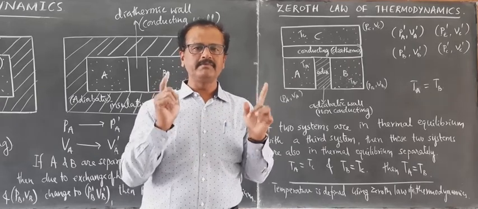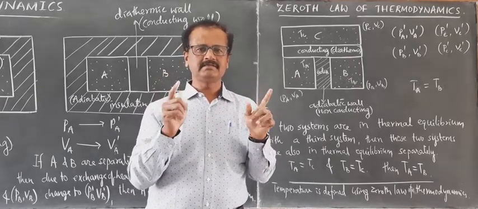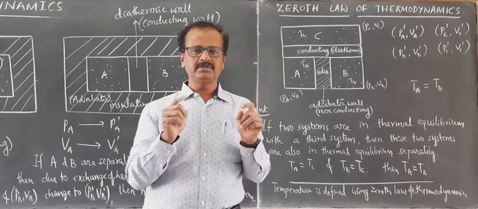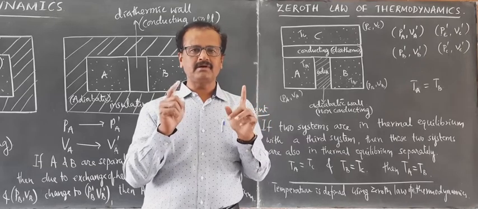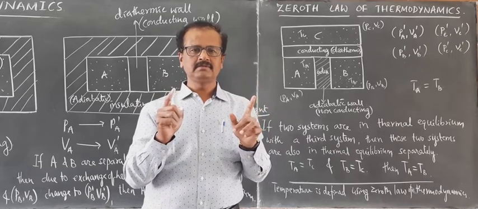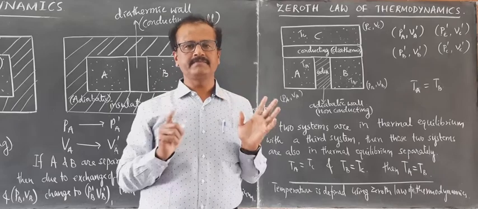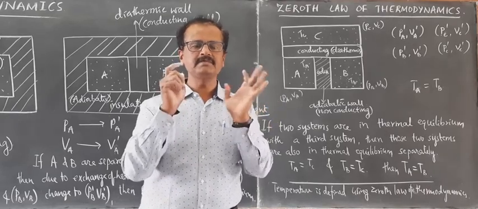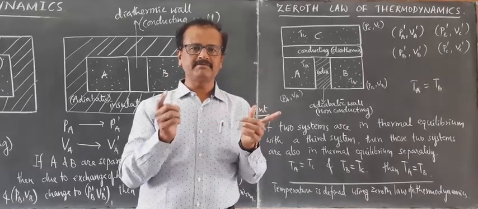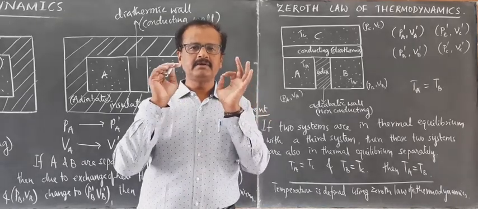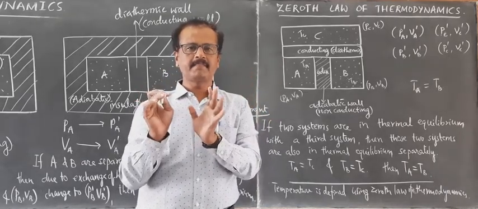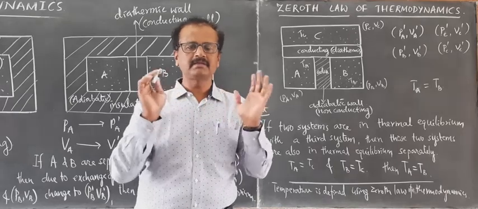So thermal equilibrium is that state at which the temperature of the systems remains the same. When the temperature of the systems becomes the same, then they are said to be in thermal equilibrium.